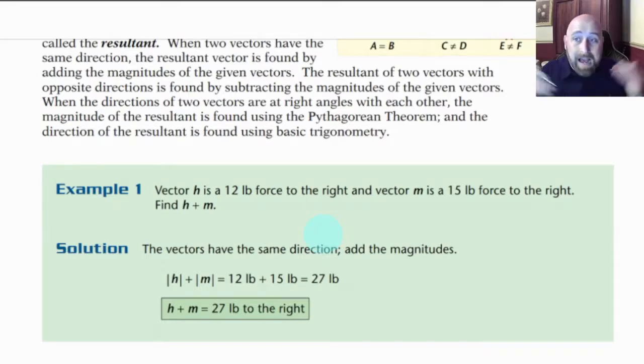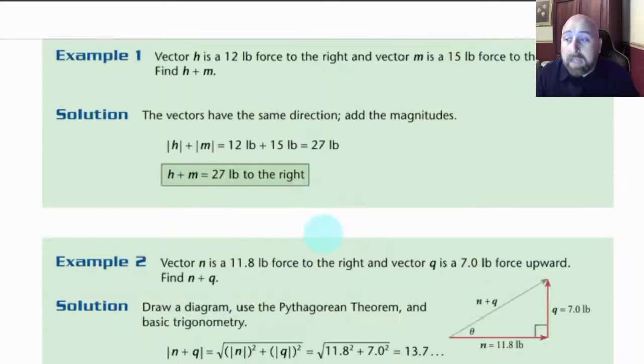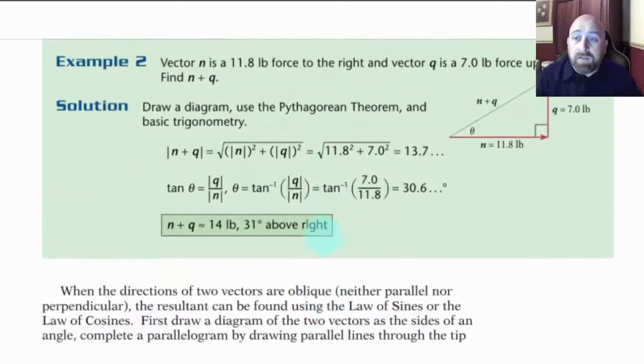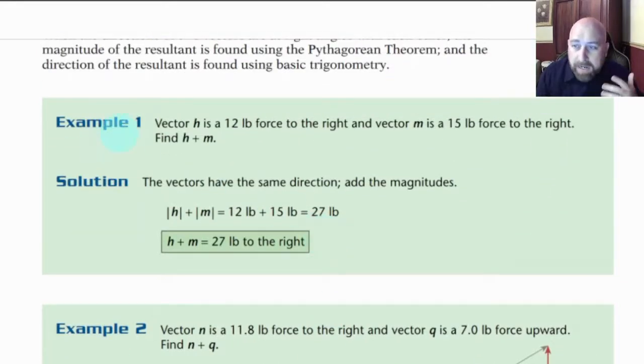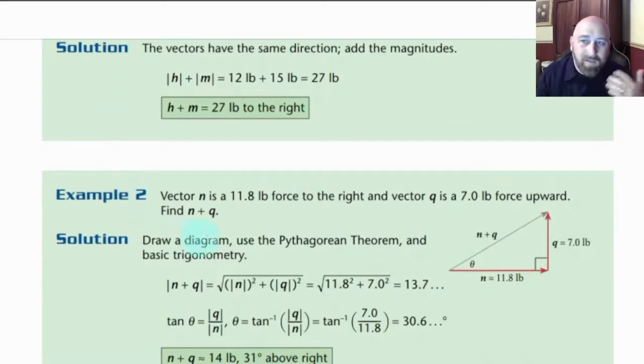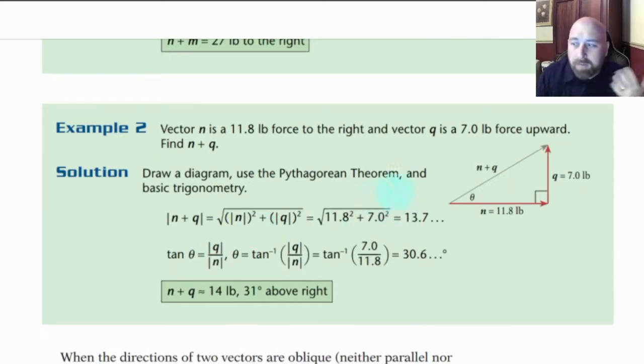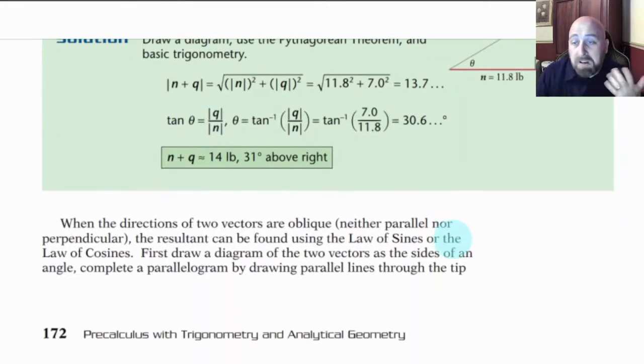If it's in the opposite direction, you just add the positive and negative numbers together, and you get the solution. So those are easy, right? The first one is just adding and subtracting. That's example 1. The second one is just using Pythagorean theorem and then using our basic trigonometric functions to get the degree. All right, no problem.